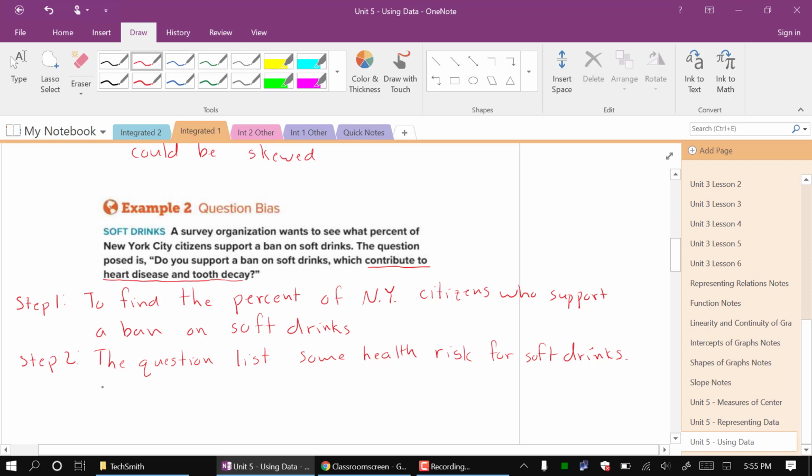This might have an increase in yes for ban.